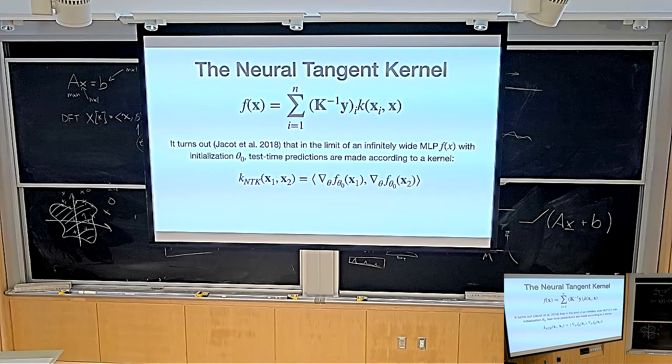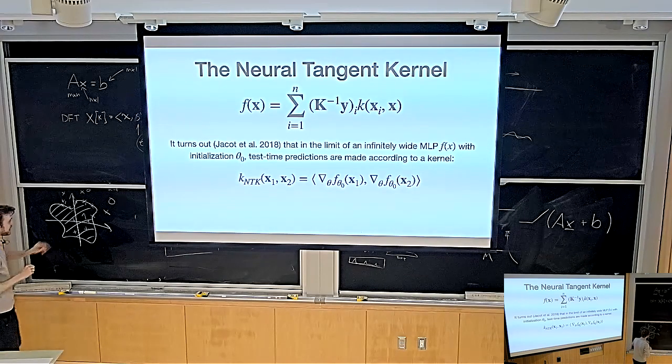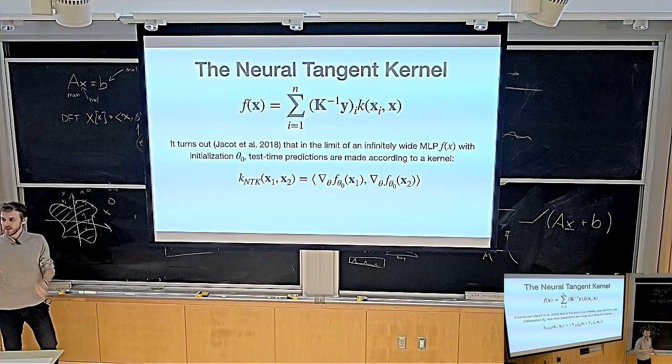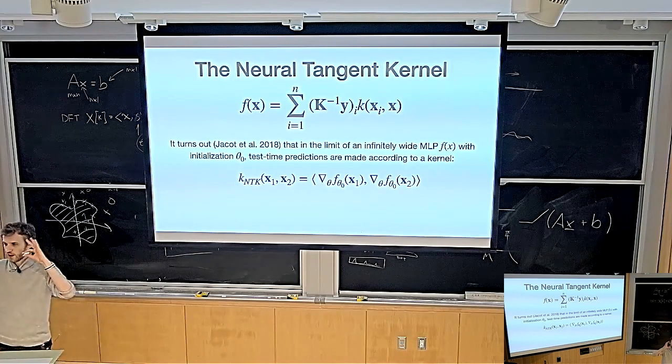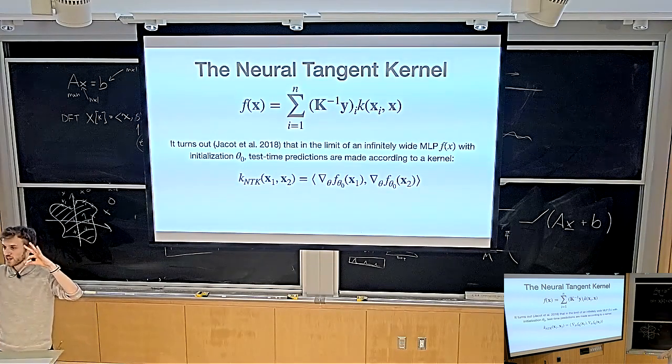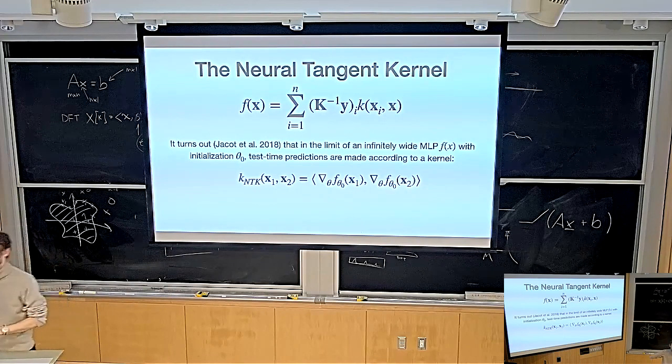Great, excellent. So overfitting was actually one reason why people were really excited about this neural tangent kernel thing. In the context of the neural tangent kernel, what does overfitting mean? Right, exactly.